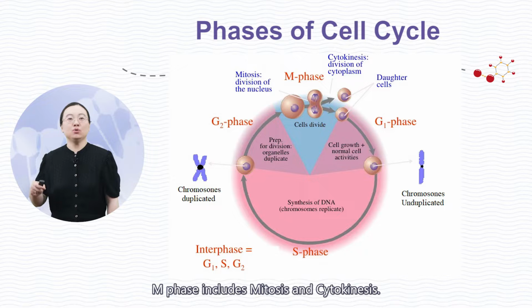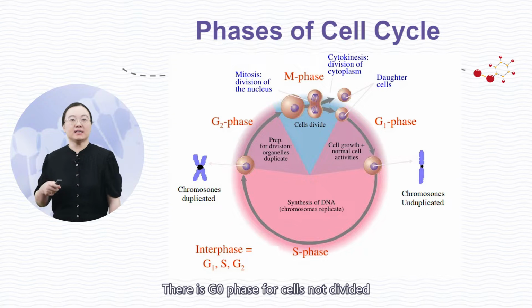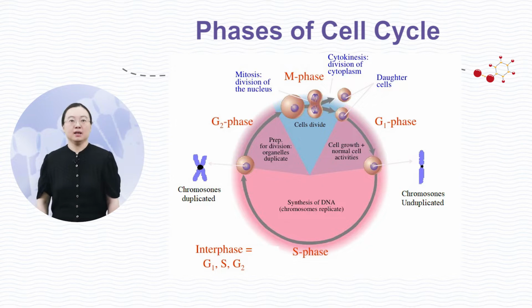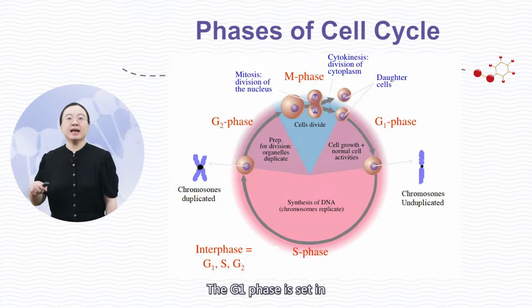M phase includes mitosis and cytokinesis. There is a G0 phase for cells not dividing, which perform particular functions and can return to the cell cycle when properly stimulated.